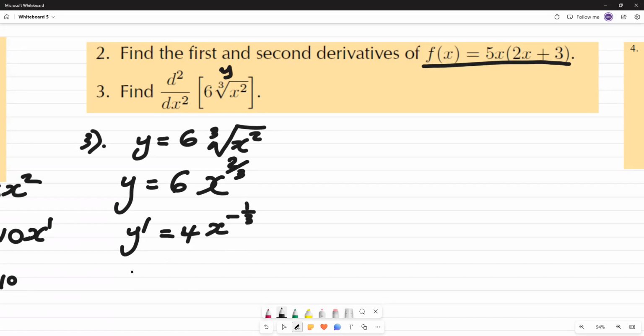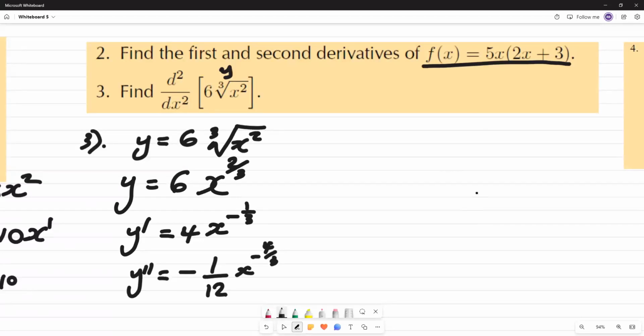Right. Then we need the second derivative, which gives me this times that, which is negative 1 over 12 x to the power negative 4 over 3 because I minus 1 there. All right, and that's it about number 3.